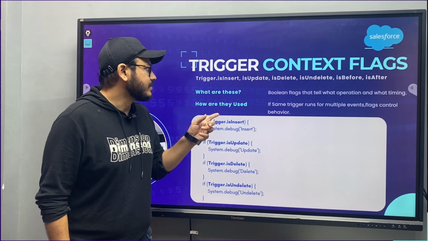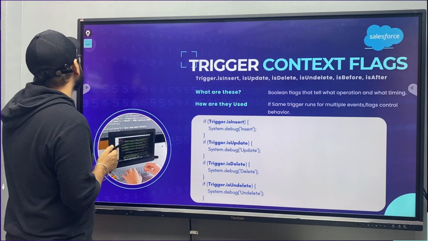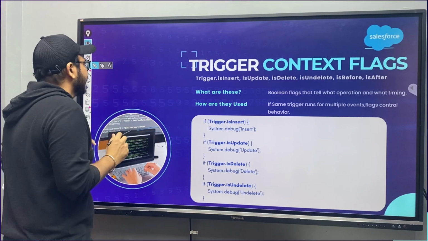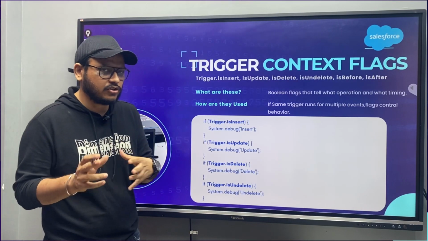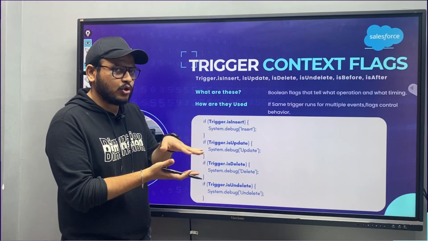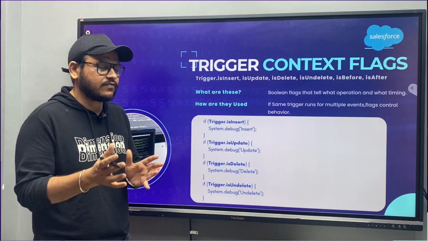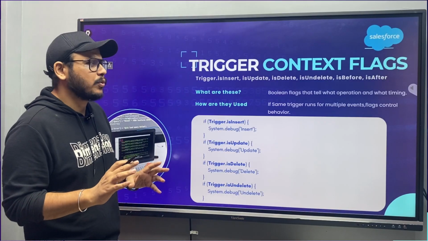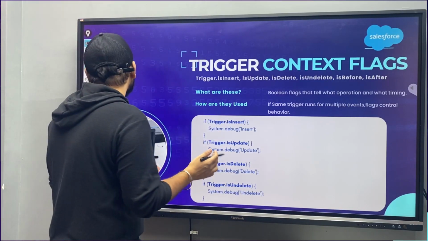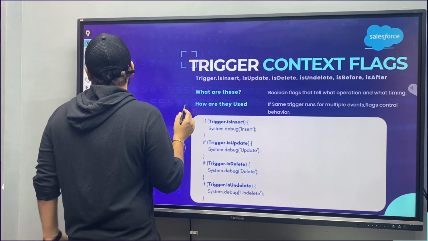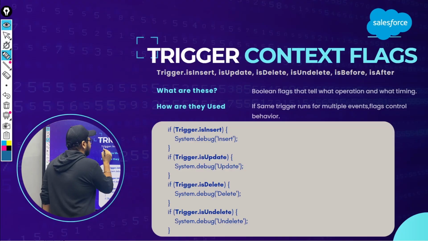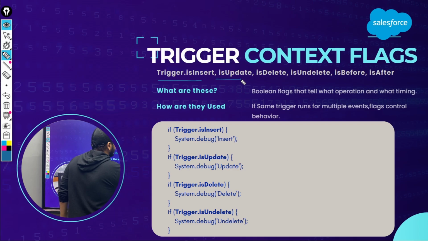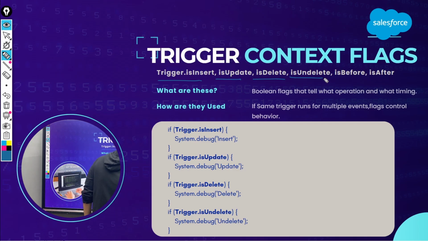The next one that we're going to discuss is the trigger context flags. These are not just one context variable, but a combination of context variables, which I have put together in the same slide just to make it simple to understand, because all of these have pretty similar functionality or use case. Trigger.isInsert, Trigger.isUpdate, Trigger.isDelete, Trigger.isUndelete, Trigger.isBefore, and Trigger.isAfter.